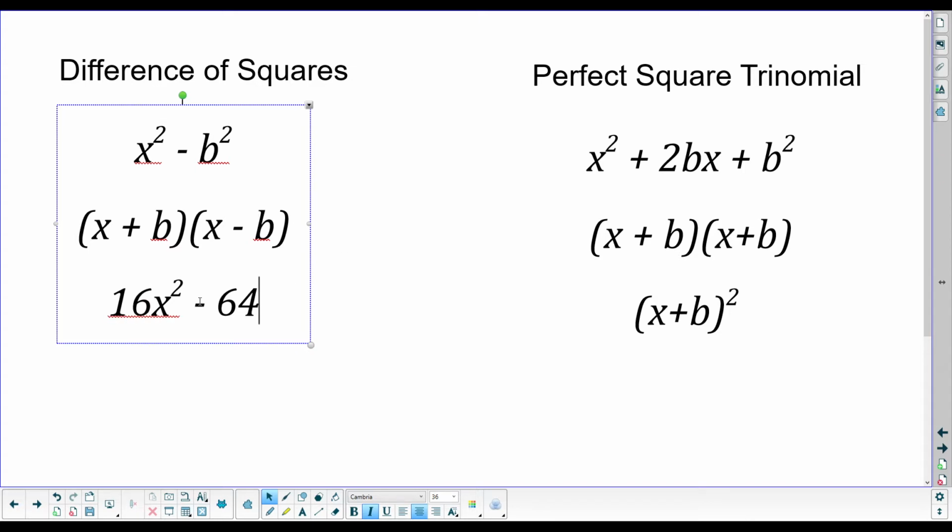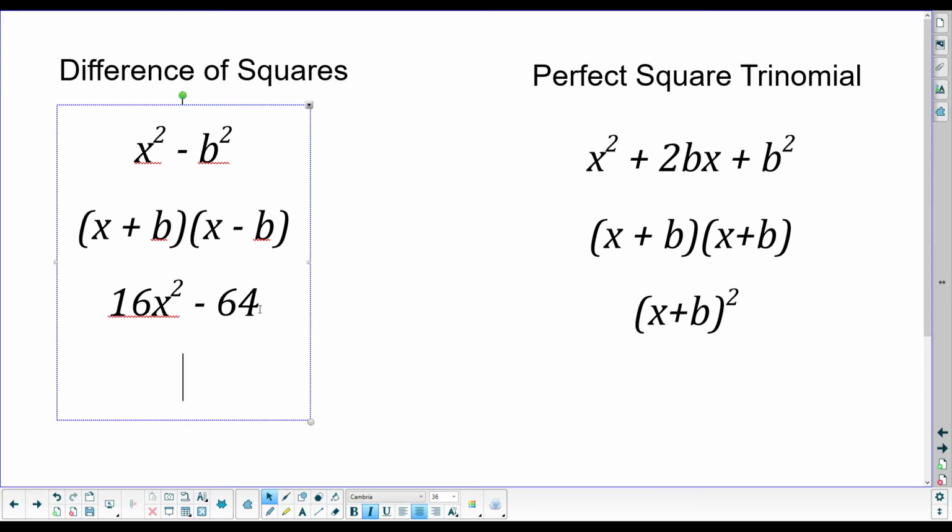All right, so if I look at this, I can see I've got some perfect squares here. 16 is a perfect square, x squared is a perfect square, and 64 is a perfect square. There's no middle term. It's only two terms, and I'm subtracting. Okay, so those are the three things we're looking for. This difference of perfect squares.